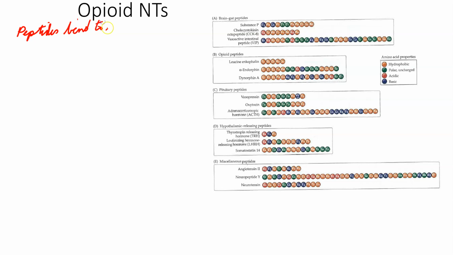They bind to the same receptor as opium, okay? We first discovered opioids in a search for endorphins, basically endogenous compounds that look like morphine.